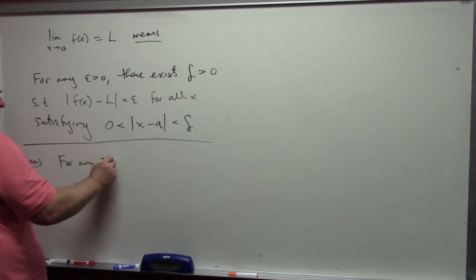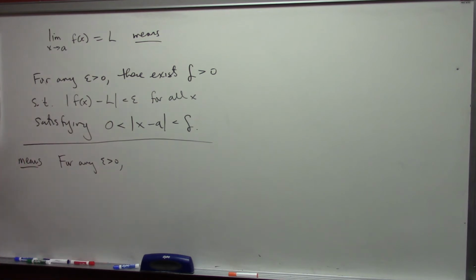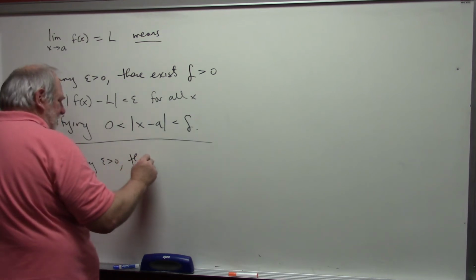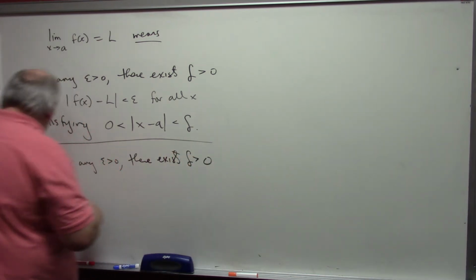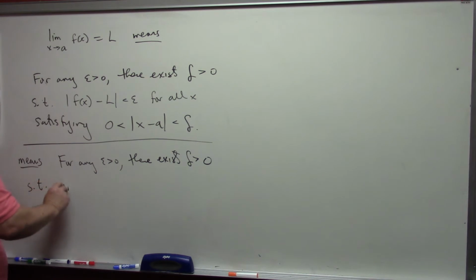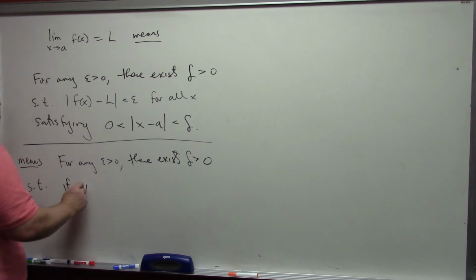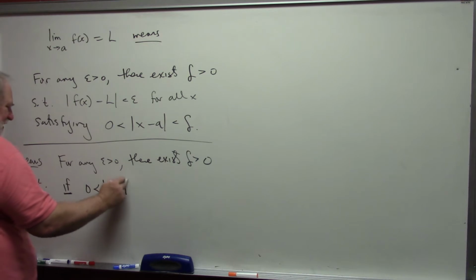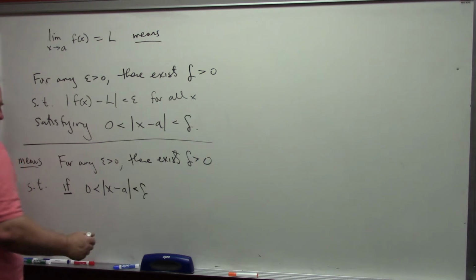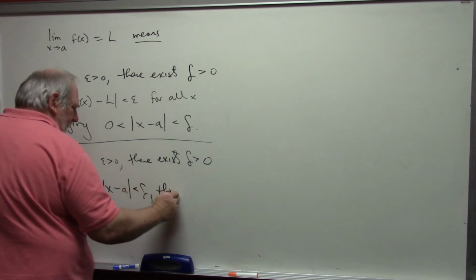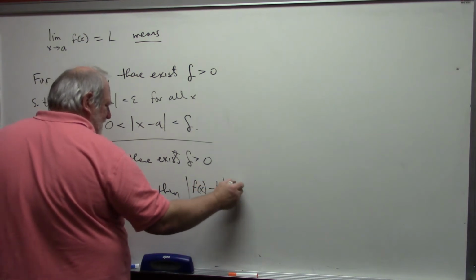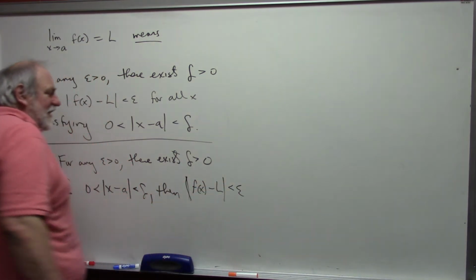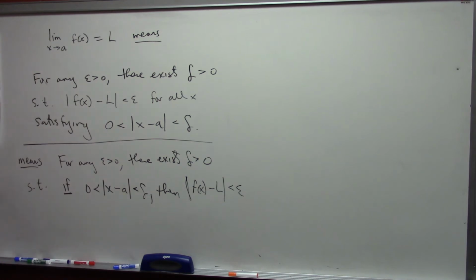For any epsilon greater than 0, there exists delta greater than 0, that part's the same, such that if 0 is less than the absolute value of x minus a is less than delta, then the absolute value of f of x minus L is less than epsilon. This is written as an if-then statement. This is kind of how we generally think of it.